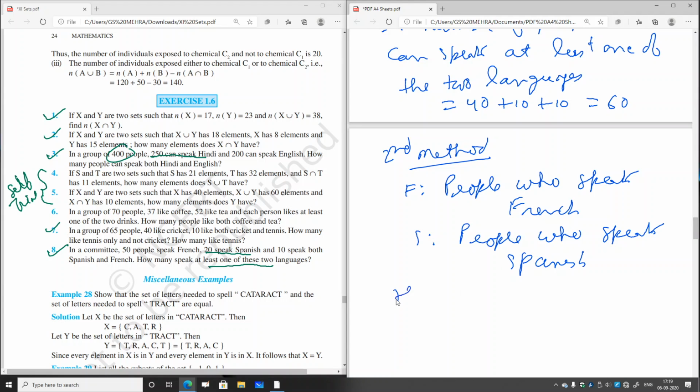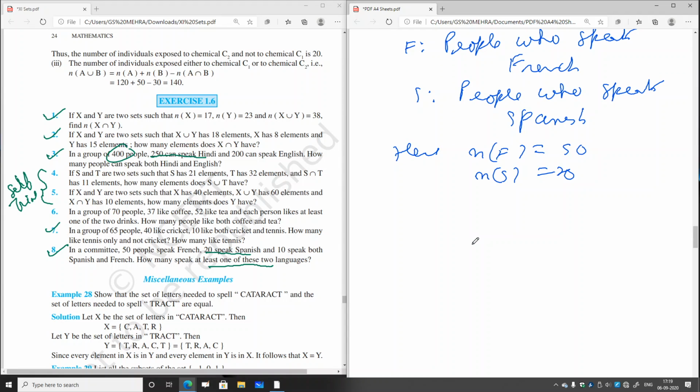So here, the number of people who speak French are 50. That means n(F) equals 50. Then those who speak Spanish are 20, so n(S) equals 20. And how many are speaking both the languages? They are 10. So that means n(F intersection S) is equal to 10.